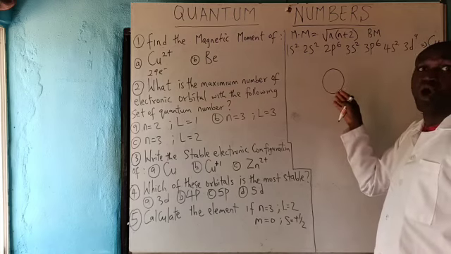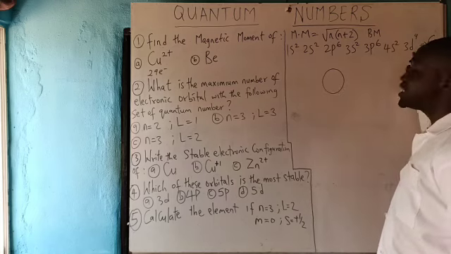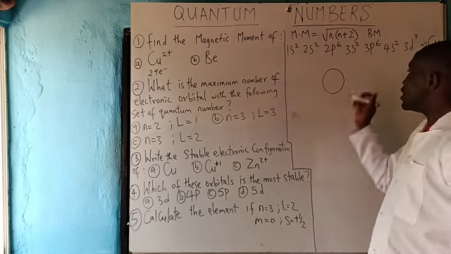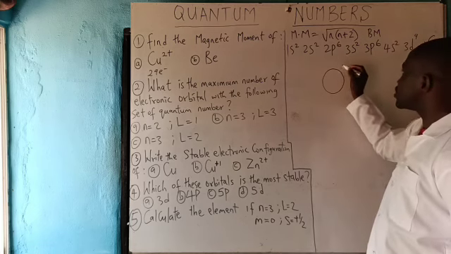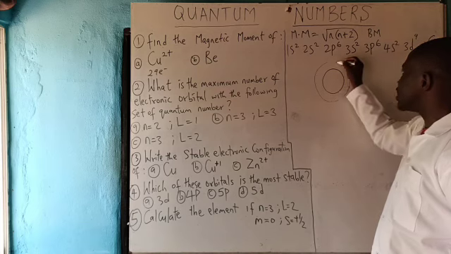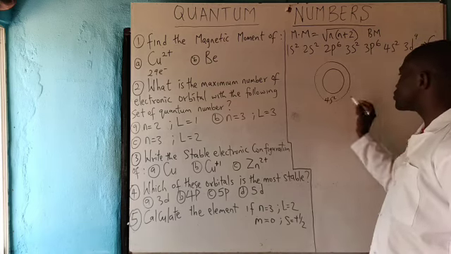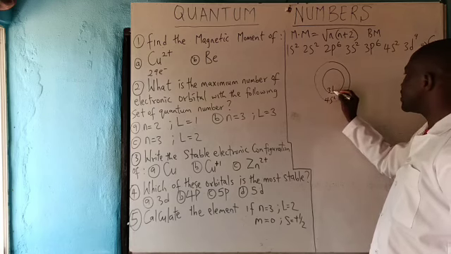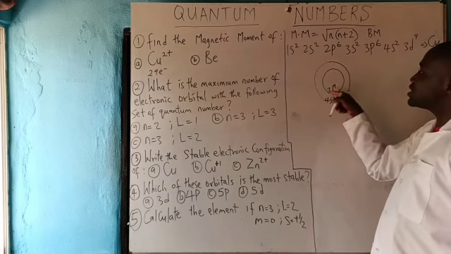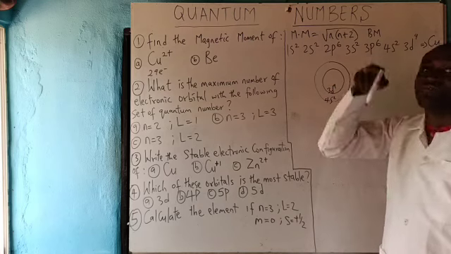So 4s is on the 4th shell, 3d is on the 3rd shell. If this is your 3rd shell and this is your 4th shell, this is your 4s2 and this is your 3d9, because the 3rd shell must be inside the 4th shell.